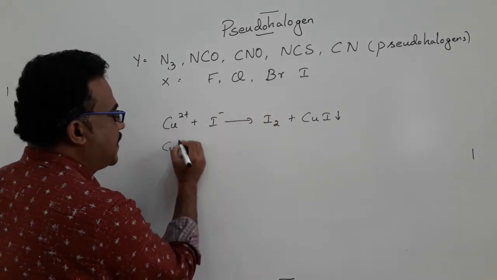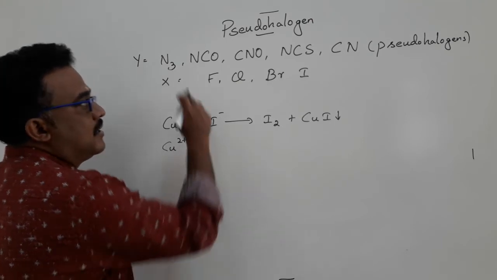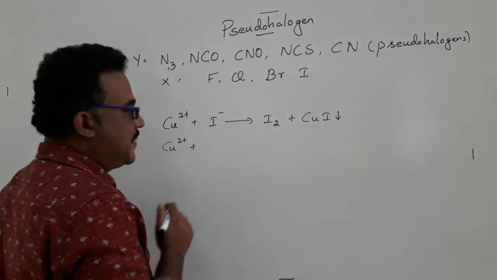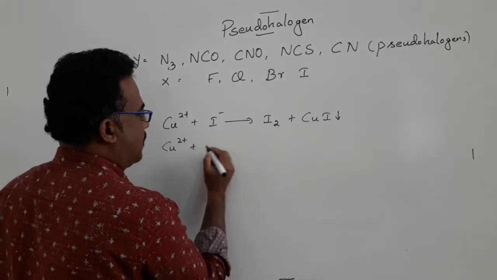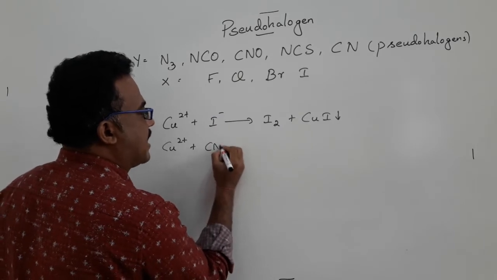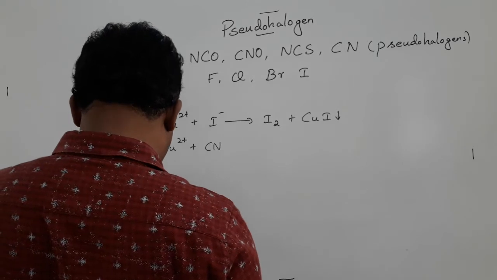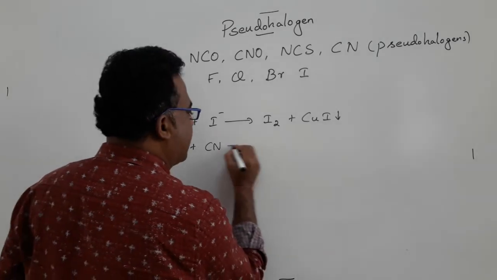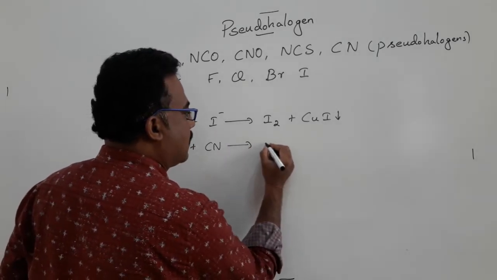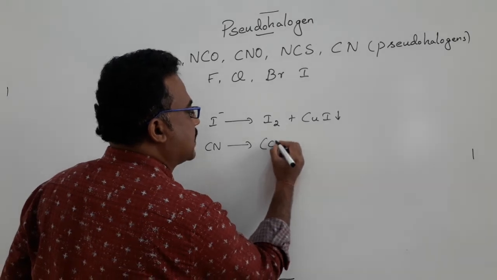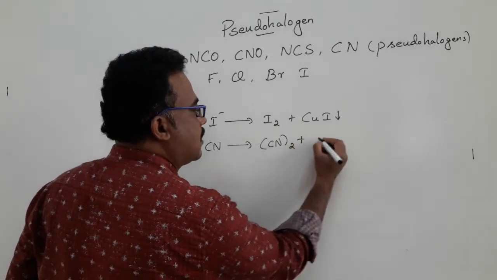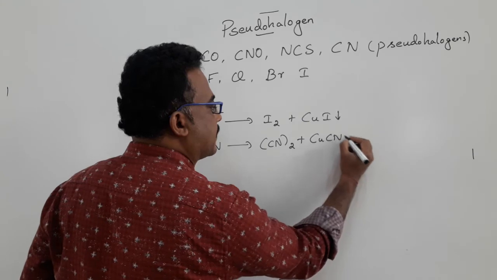Similarly, copper 2 plus also behaves this way with inorganic ambidentate radicals, for example with CN. With cyanide, it can give cyanogen plus cuprous cyanide.